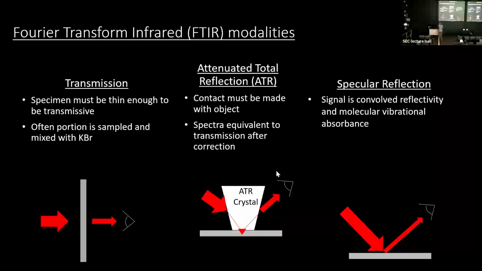And that will determine how far into the sample you're measuring. My rule of thumb is you're going to measure about 500 nanometers in for a polymer, but it can be a little bit more, a little bit less, depending on which FTIR crystal you're using and what the index of refraction of your material is.